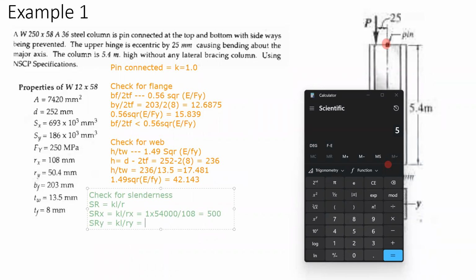And you now have Ry. So this is 1 times 54,000 divided by Ry 50.4. You get 1,000.